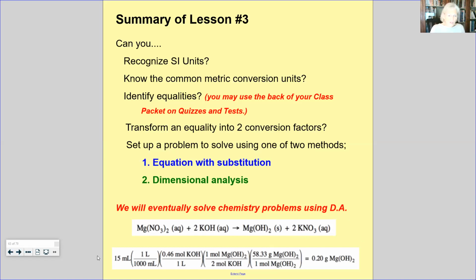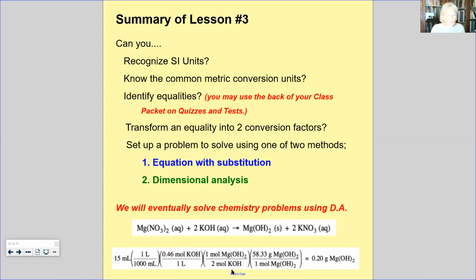I can solve for how many grams of magnesium hydroxide are formed when you start with 15 mL of potassium hydroxide. I can do that math in chemistry by using dimensional analysis. I take the 15 mL and I convert them into liters. I convert liters of a solution into moles of KOH.